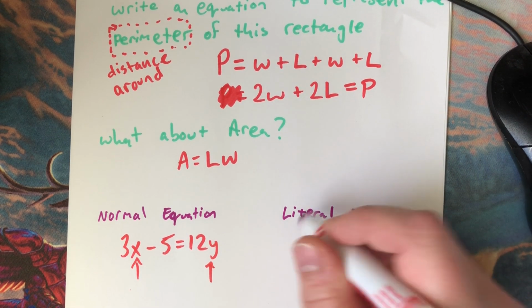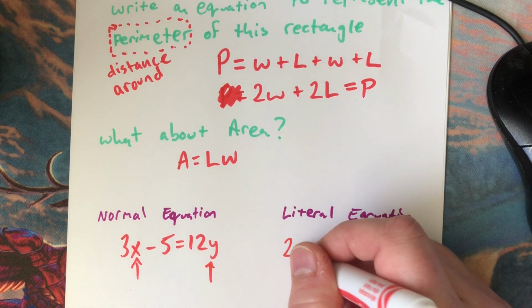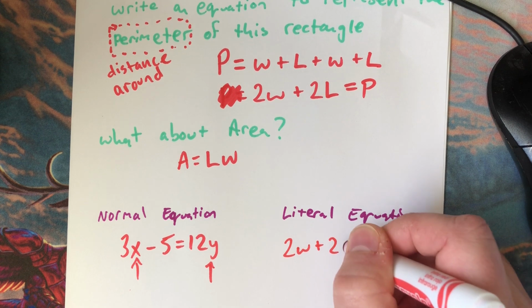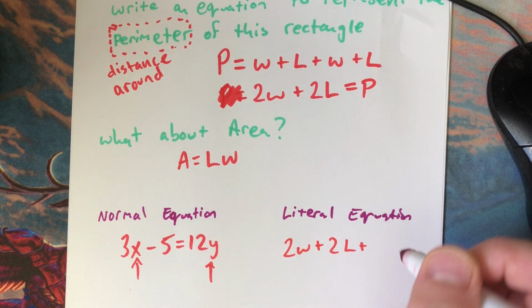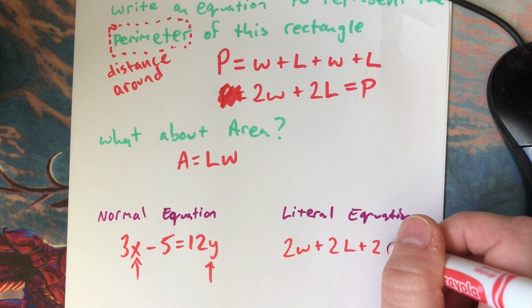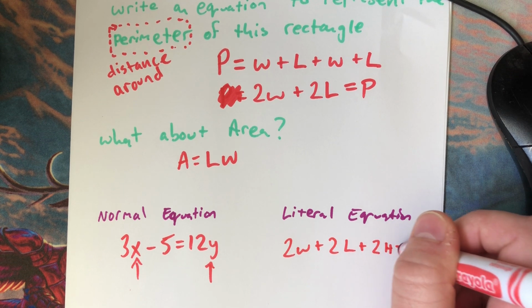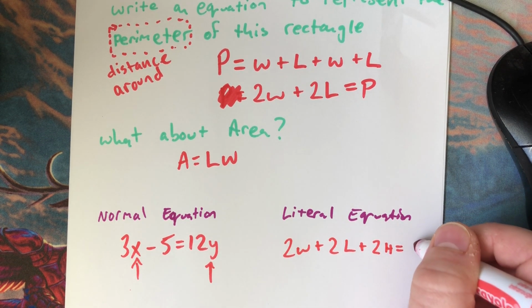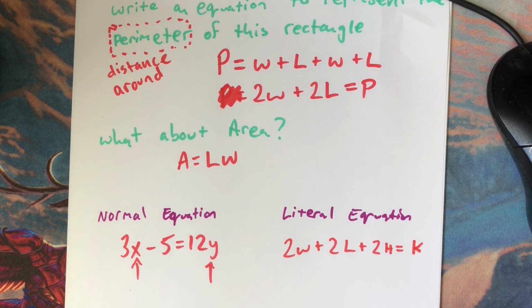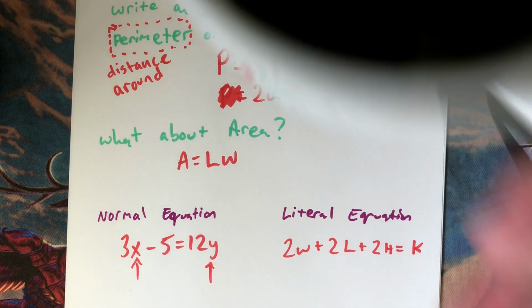But literal equations, that's when we have multiple things. Here's some other literal equation with multiple variables standing for different things. A lot of times it's dealing with things in the literal world, the real world.